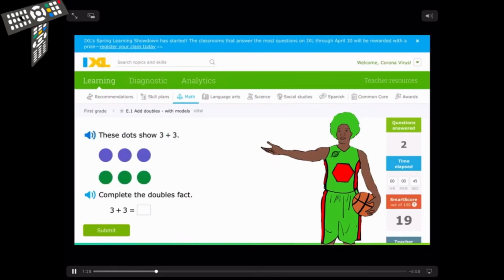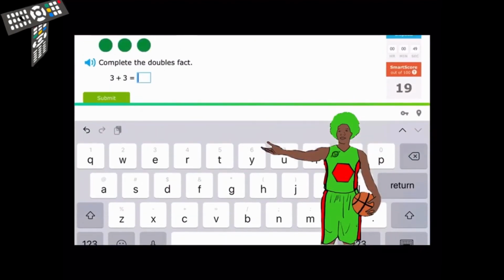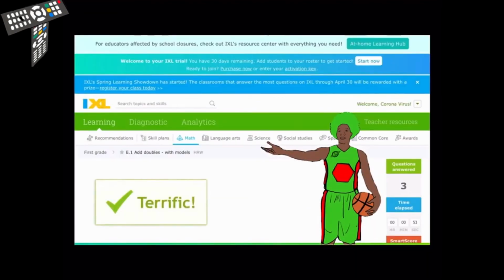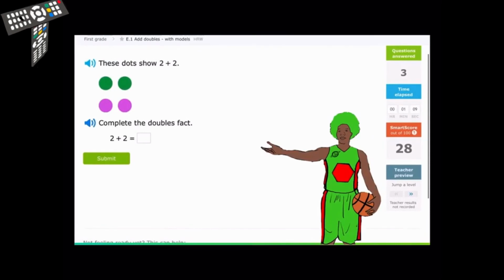Three. Complete the doubles fact. 3 plus 3 equals 6. I have my doubles facts memorized, so I don't have to count these dots, but they're good to look at because it gives you a visual model. These dots show 2 plus 2. Okay, try to do this one without counting the dots. Complete the doubles fact.